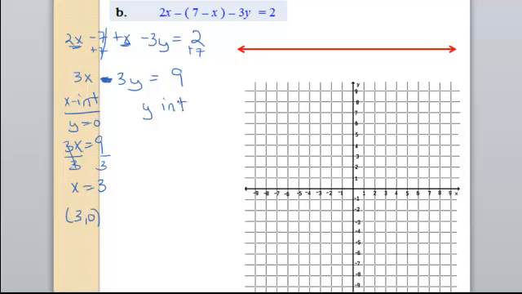Our y-intercept, we always let x equal 0. If x is 0, this term goes away. So we're left with negative 3y equals 9. Divide by negative 3, and we get y equals negative 3. So your y-intercept is (0, -3).